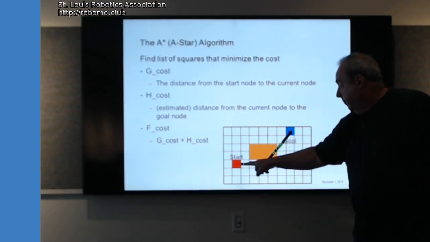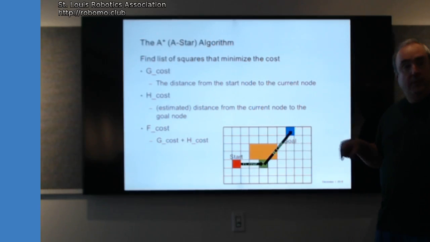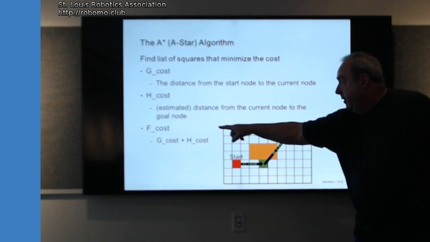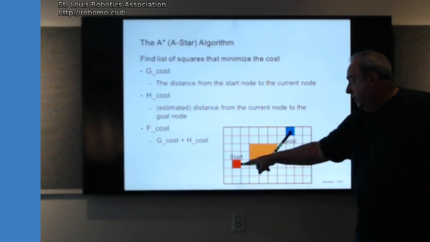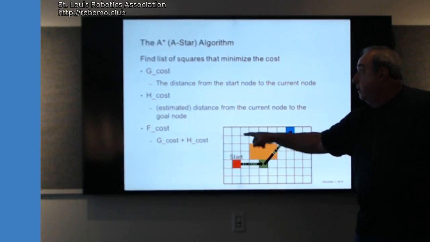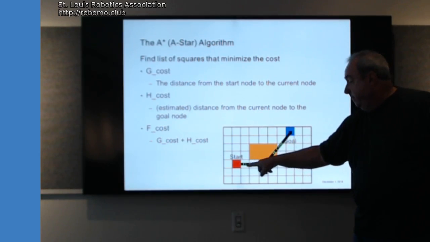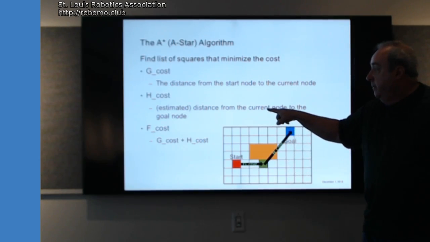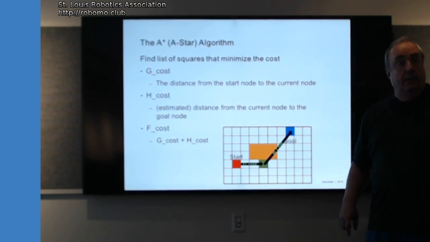Then the F cost to go here is going to be 1 for the G cost, so 1 away from the start, and 1, 2, 3, 4, 5, 6, 7, 8, 9 for the H cost. So the cost of that square is 10.